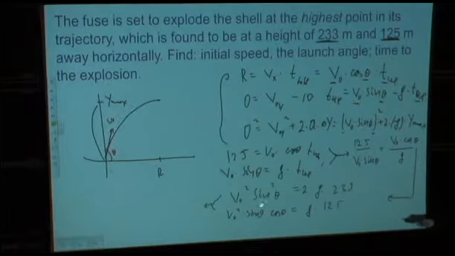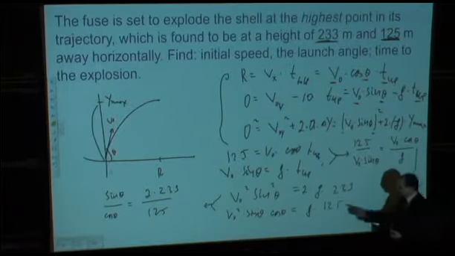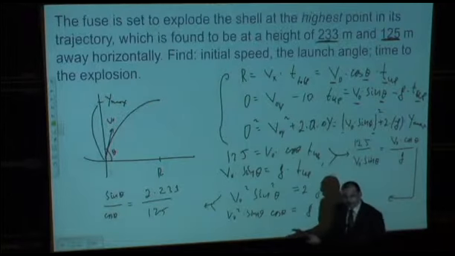Sine squared, sine: one sine gets cancelled, one sine remains on the top, right? So sine of theta over cosine of theta will be equal to 2 times 233 divided by 125. That's a relief. Finally, we get an equation which is solvable.